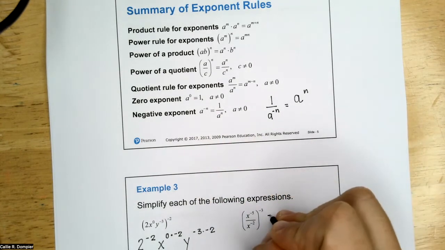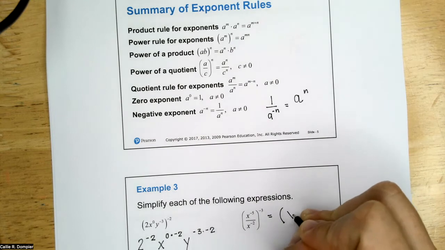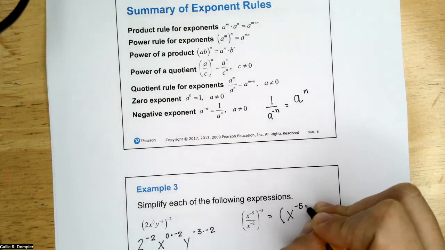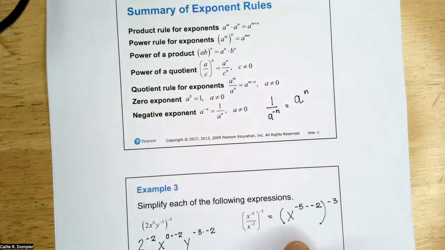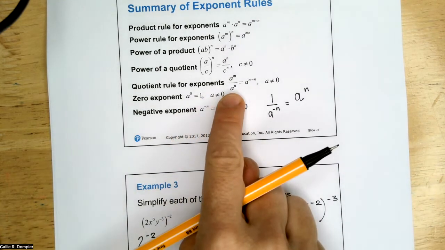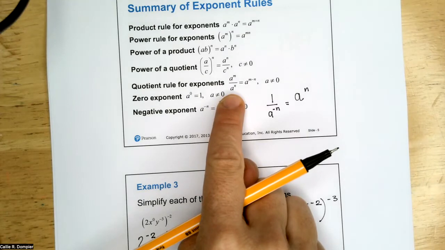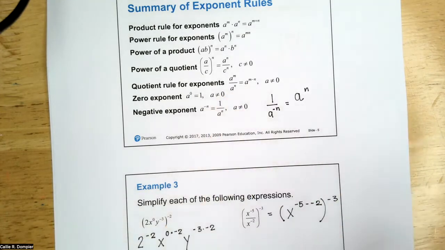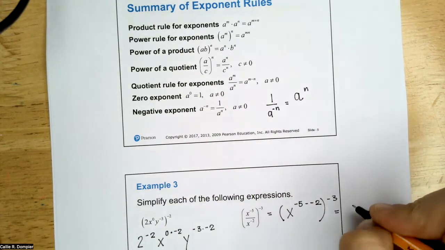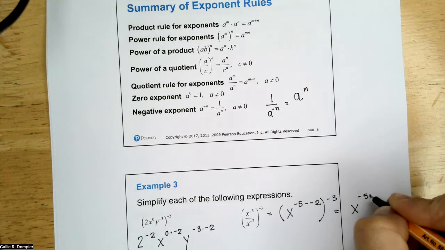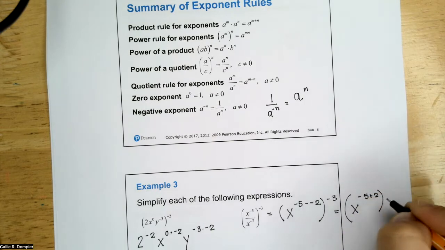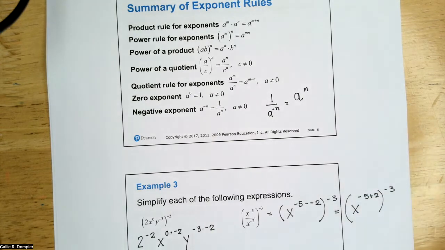So I can immediately say that that is x to the power of -5 minus -2, to the power of -3, because of the quotient rule. A to the power of m divided by a to the power of n becomes a to the power of m minus n. So that's now x to the power of -5 plus 2 raised to -3.